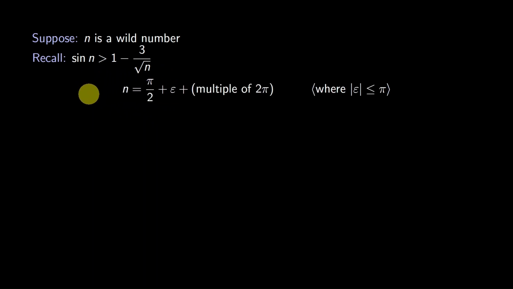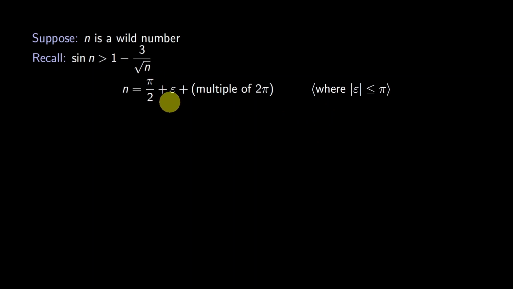We can write n as pi over 2 plus some number epsilon plus a multiple of 2 pi, where epsilon is between minus pi and pi. We can do that because we can always choose the multiple of 2 pi to be near n. At the start, we only know that epsilon is between minus pi and pi. Our goal is to show that epsilon is much smaller than that.